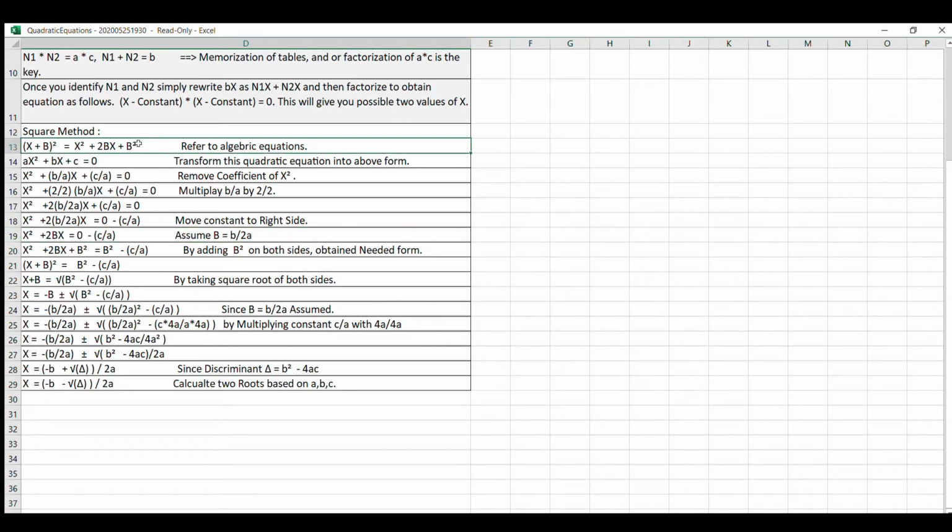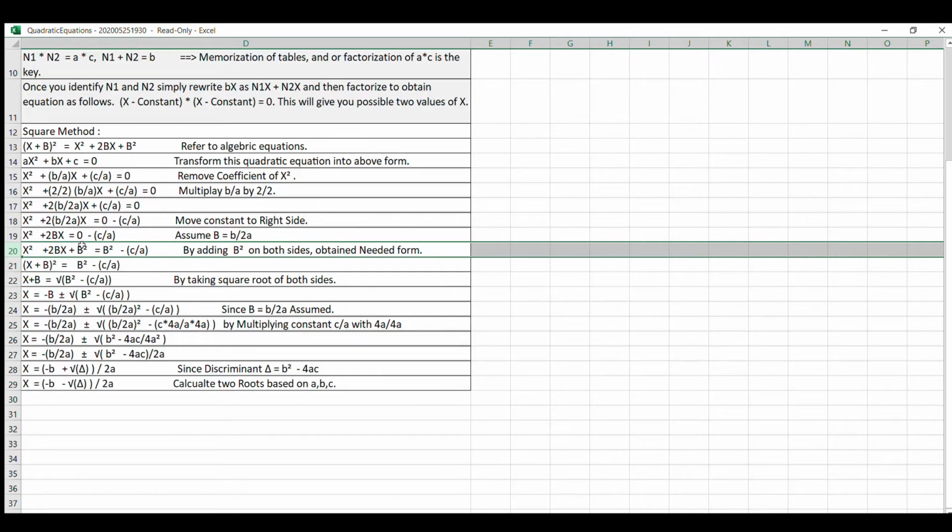Now we want, look at line number 13, we want plus b square. So what you do is you add b square on both sides. Look at line number 20. Now that equation reads x square plus 2bx plus b square, which is equal to b square minus c by a, because we added b square on both sides. Fantastic.